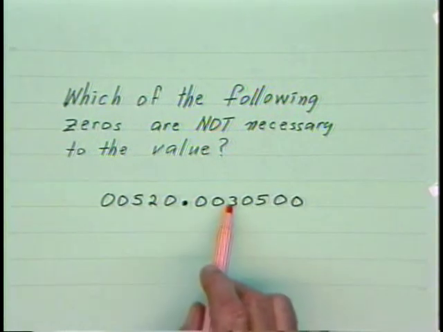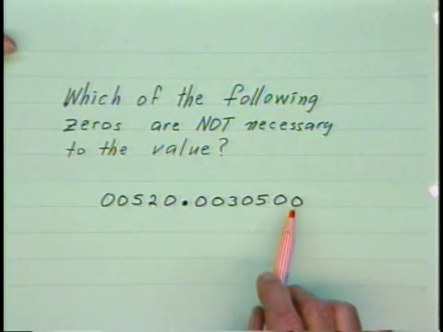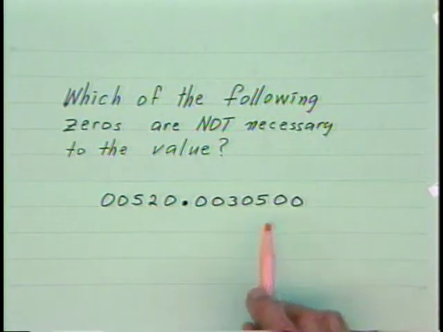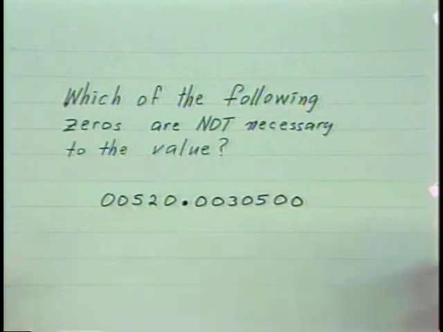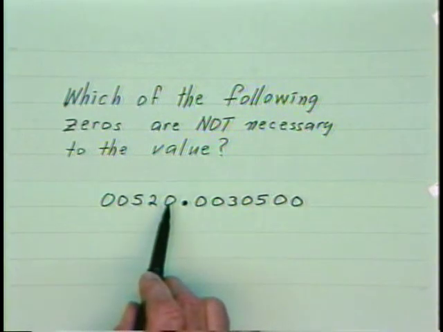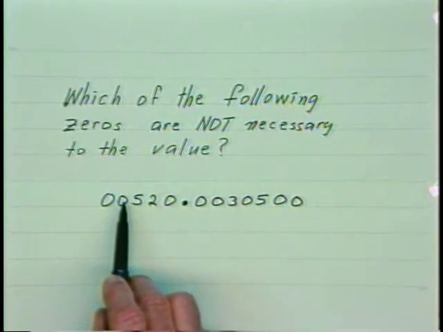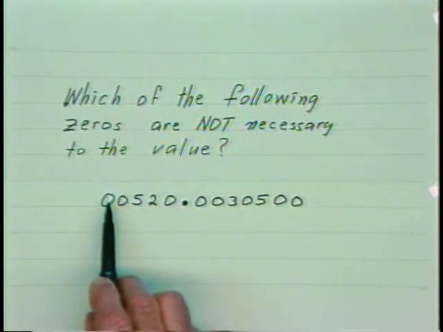Once more with a different number. Which of these are necessary and which ones unnecessary? Now here again, this tells me that I have no, say, units, tens, hundreds, thousands. I have no thousands. This says I have no 10,000s.